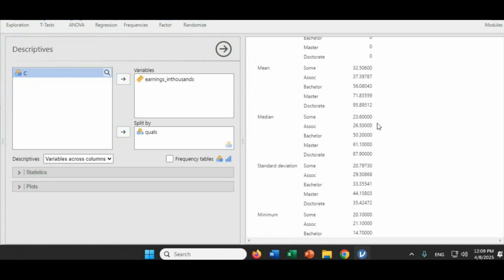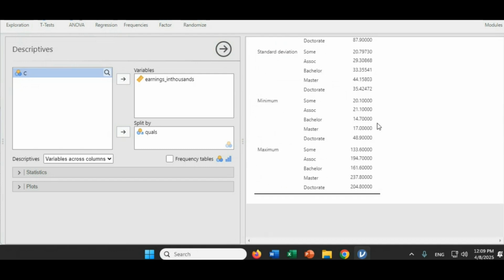What is the standard deviation of the earnings of people who have some college experience? Can you give me the SD? 23.79K. That's right. So very broad, very, very high. The standard deviation is very, very high. Right? There's a lot of variability, basically, which we can understand. Okay, great. So that's how you get these.